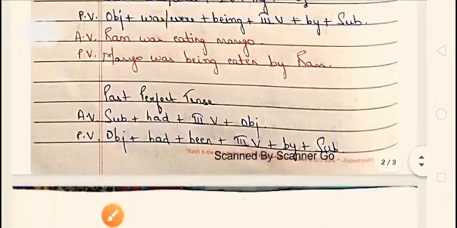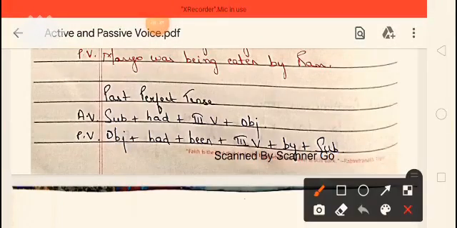Now let's go to past perfect tense. The helping verb used in the case of past perfect tense is had. Every structure, each and everything will be the same, just the helping verb had is to be used. In case of present perfect tense, we were using has or have, but in case of past perfect tense, only had is used. So the structure of active voice is subject plus had plus third form of the verb plus object.